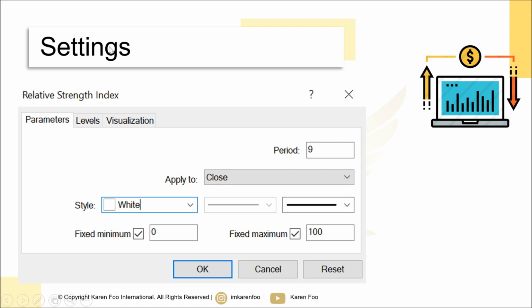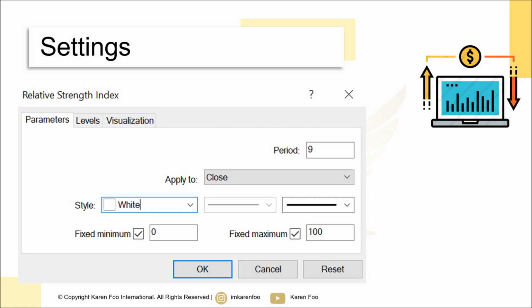But regardless, if you use 14, it's going to give you fewer signals. If you use 9, you will get a lot more signals. But does this mean that more signals is better? More signals also means more false signals. There's no best number for this because just like any other indicator, you don't want to look for the holy grail number.